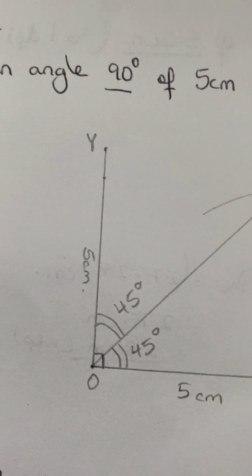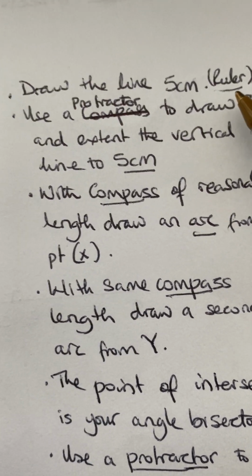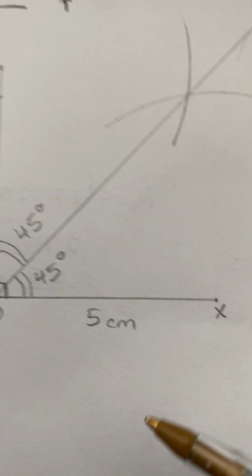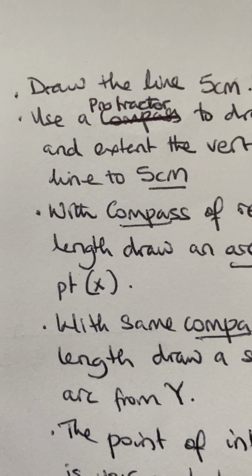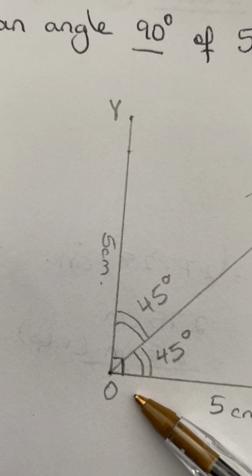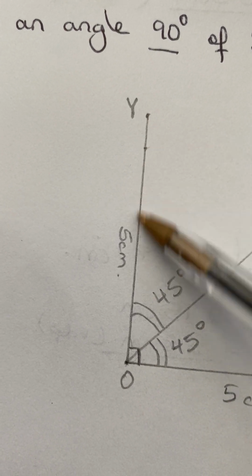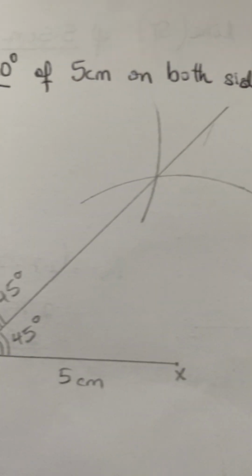So basically what we've just done is you draw the line 5 centimeters with a ruler. Okay, so that's what we've done. We use a protractor and measure 90 degrees, and then we use the ruler to connect it 5 centimeters.